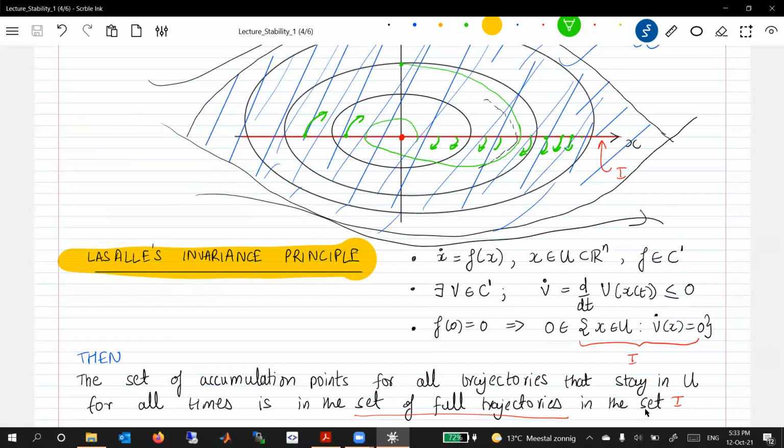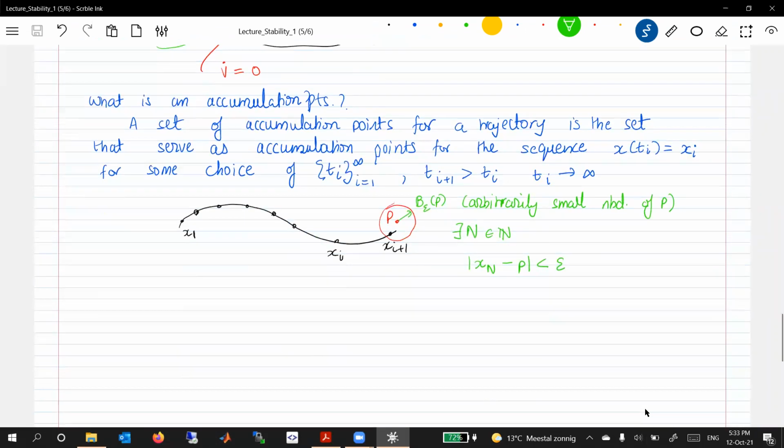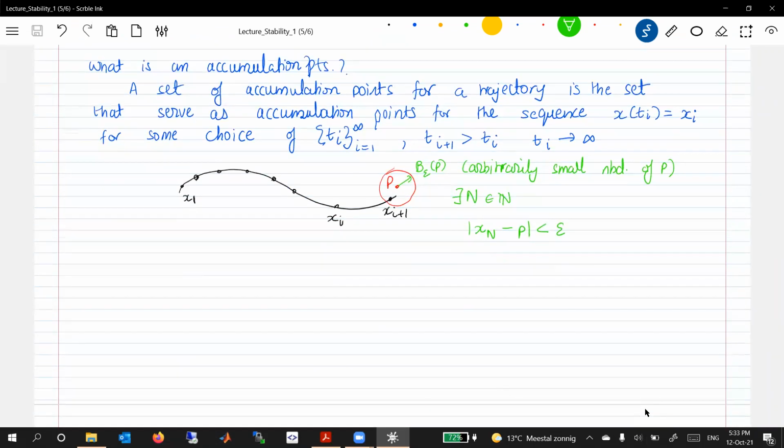And so in this case, we know that if this is a limit point, we would always be approaching it. Well, actually, I didn't want to go into this notion, but the idea is that an accumulation point is a point which is approached arbitrarily closely by the trajectory.